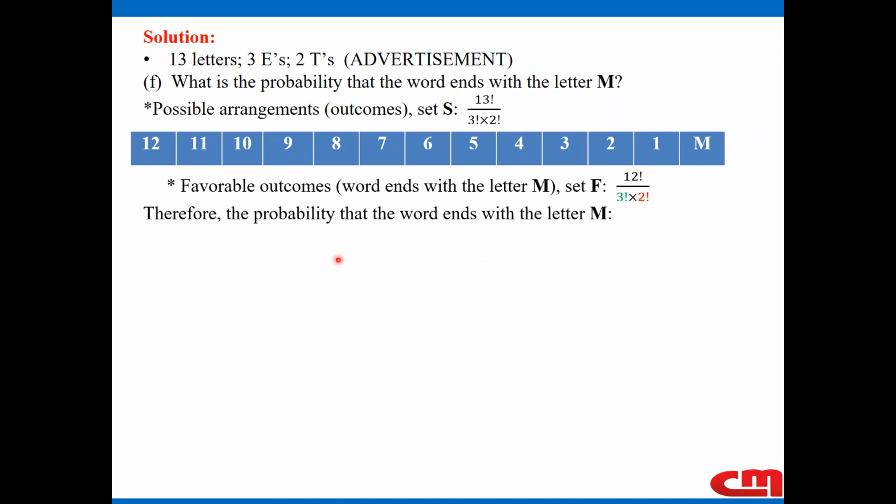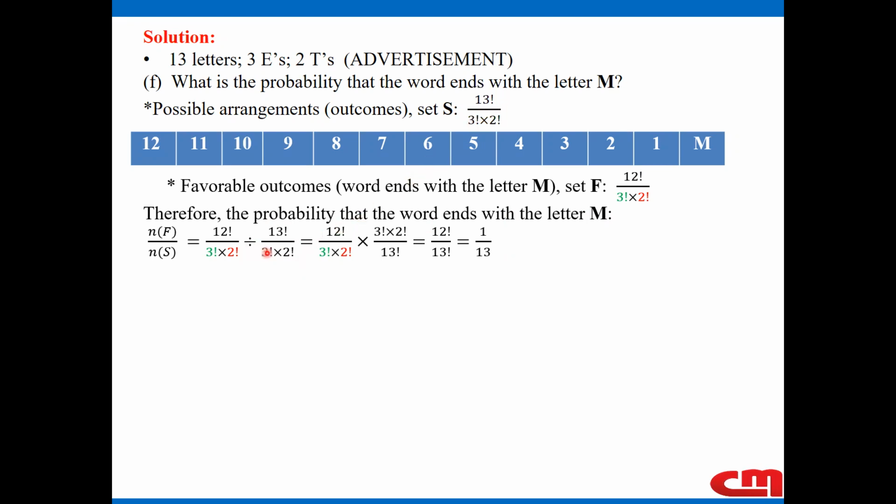So for the probability that the word ends with the letter M, our favorable outcome is this one. This occupies the numerator, and this occupies the denominator, the possible outcomes. So we are saying number of favorable outcomes over the possible outcomes, which is favorable is this, which you see here, divided by this, which is the fraction, which you see here.